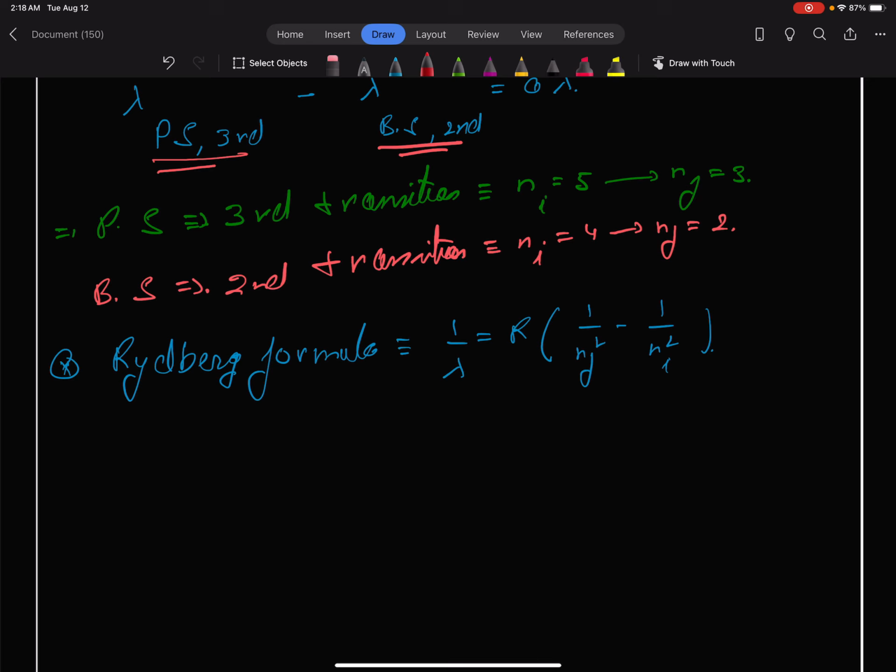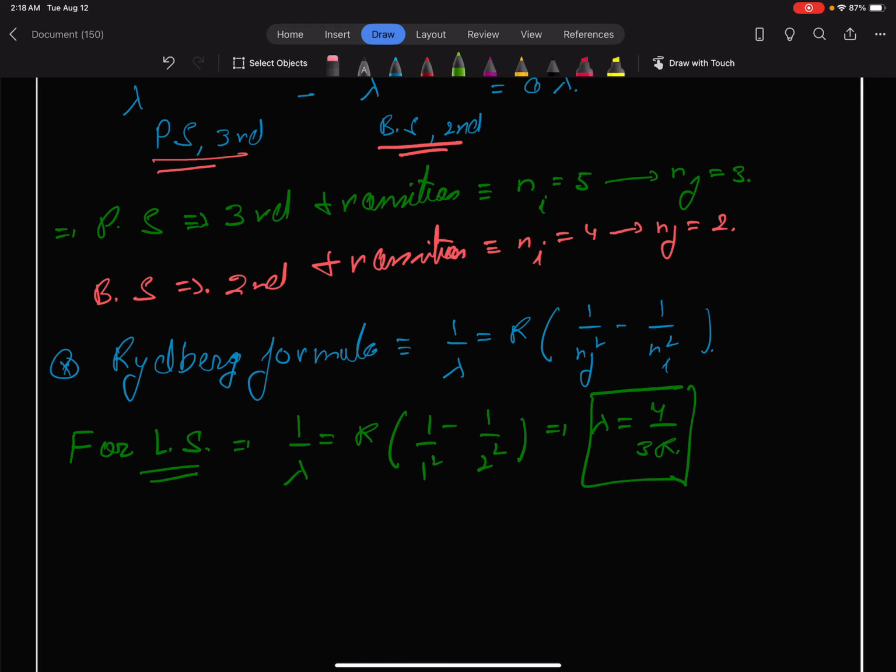Therefore for the Lyman series, 1 upon lambda is equal to R times (1 upon 1 square minus 1 upon 2 square). So from here we can write lambda will be equal to 4 by 3R.